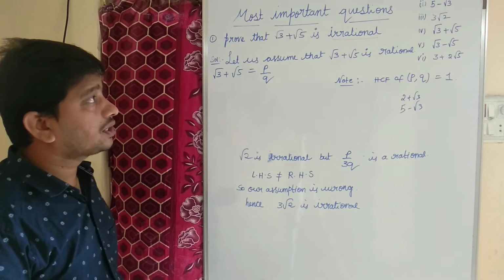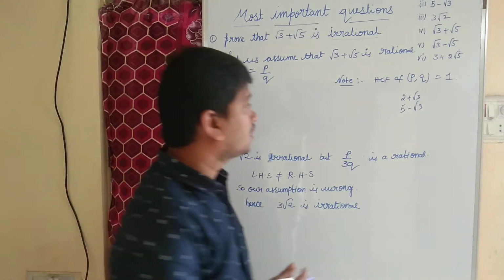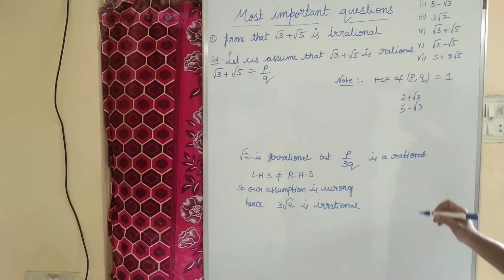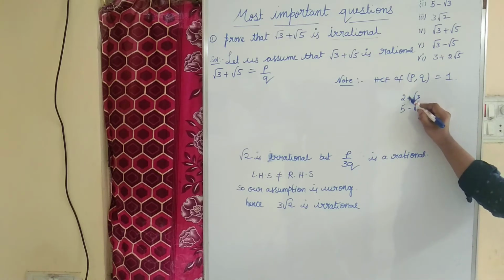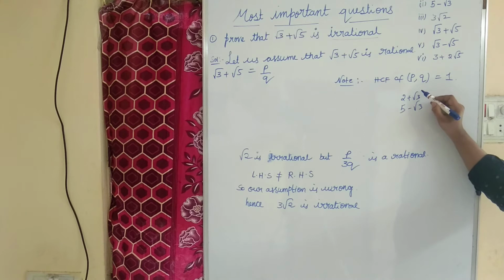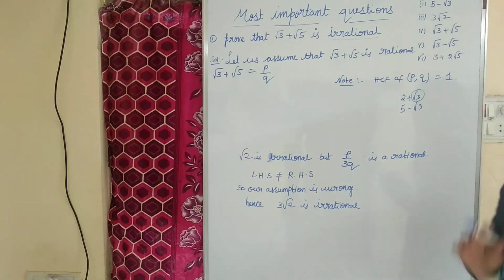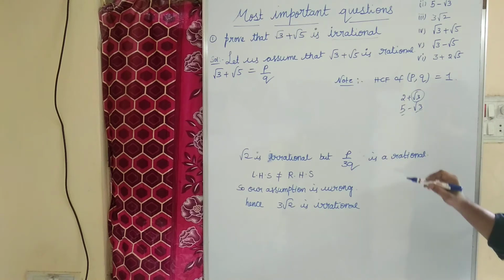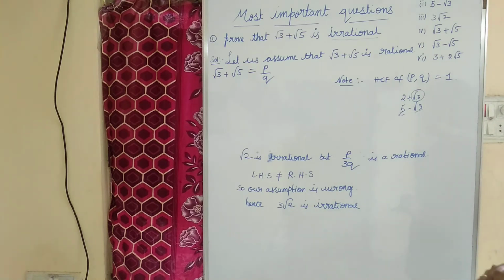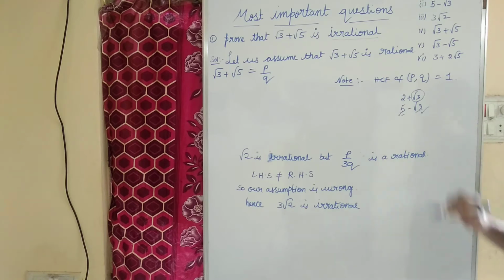In the previous questions, 2 plus root 3 and 5 minus root 3, we have two terms, and only one term has a root. Here also in 5 minus root 3, 5 is not irrational but root 3 is irrational.